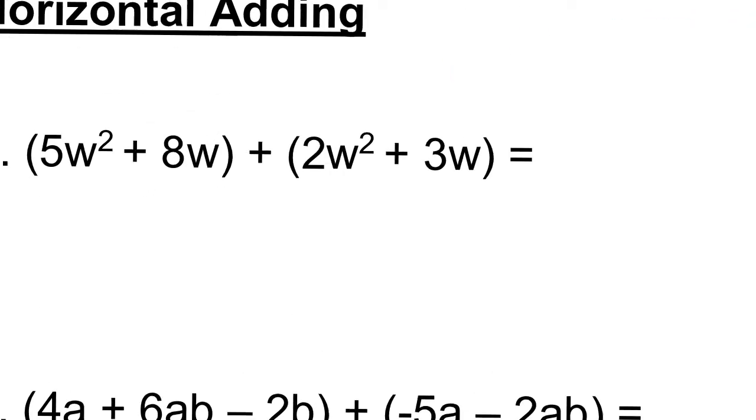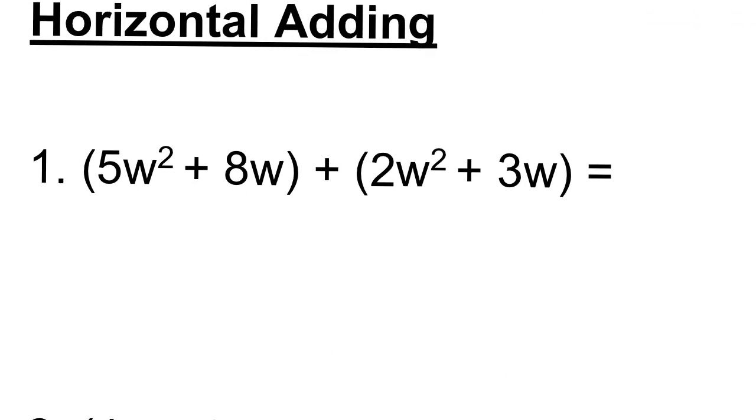When we look at horizontal adding, students find it easier if they can circle the like terms. When you're circling the like terms, be sure to include the sign. It's important to note that we are adding these, so be looking for that. Just put a star by that addition sign. So this is a positive 2w squared.